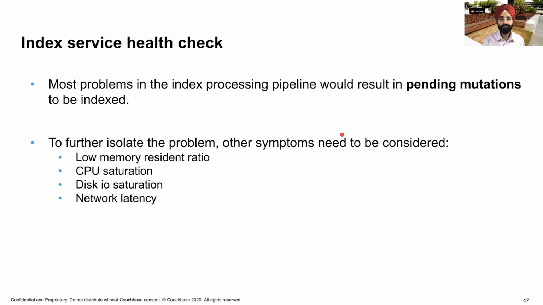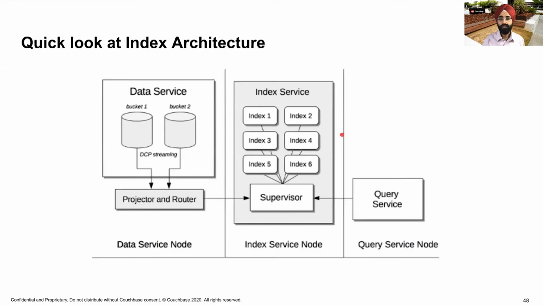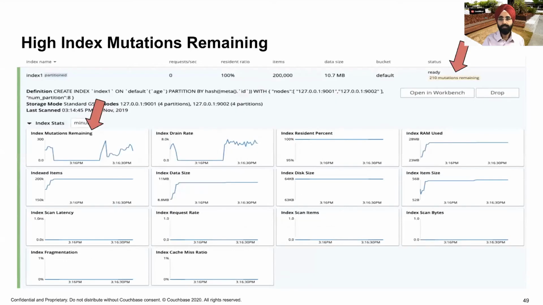Now, in order to identify these mutations remaining or pending, the admin console has this number in both the summary stats as well as in the mini graphs.